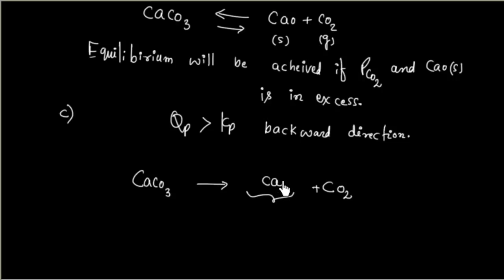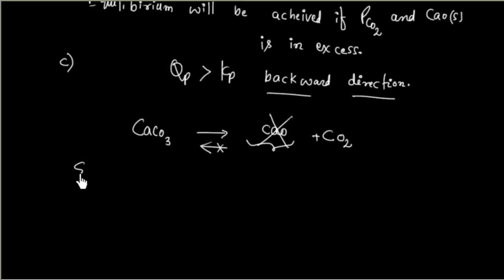So there is no CaO present in the mixture. So the backward reaction will not proceed. We would expect the backward reaction to proceed, but since there is no calcium oxide, the reaction will not achieve equilibrium.